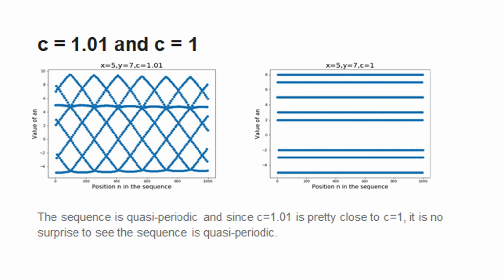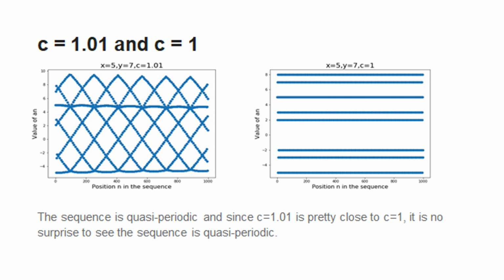What happens when C is larger than 1? The first pair of values is 1.01 and 1. Both of the graphs show an incredibly elegant pattern, and the first sequence is quasi-periodic.